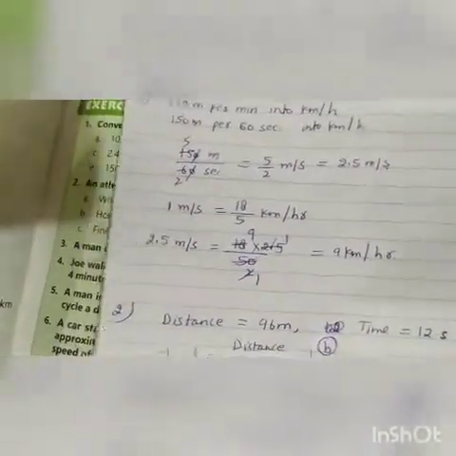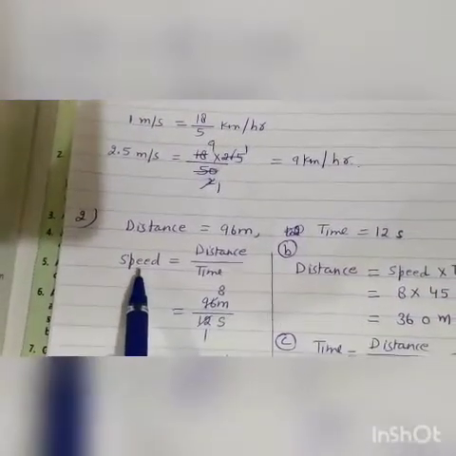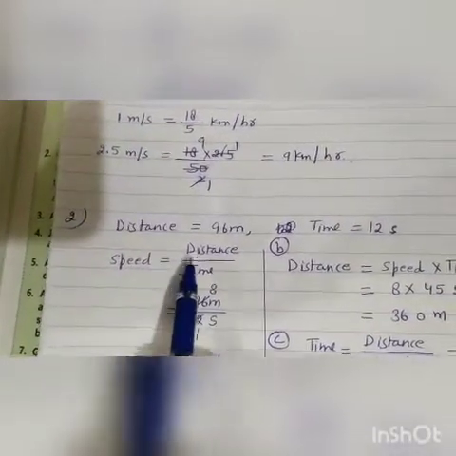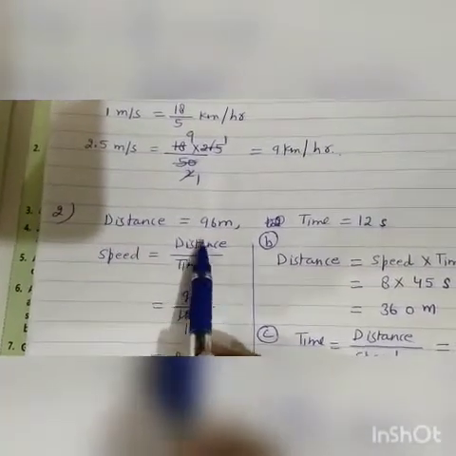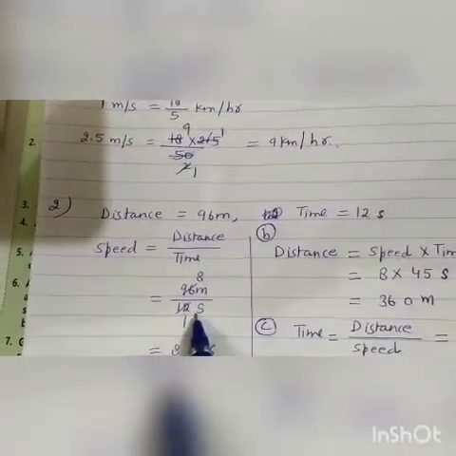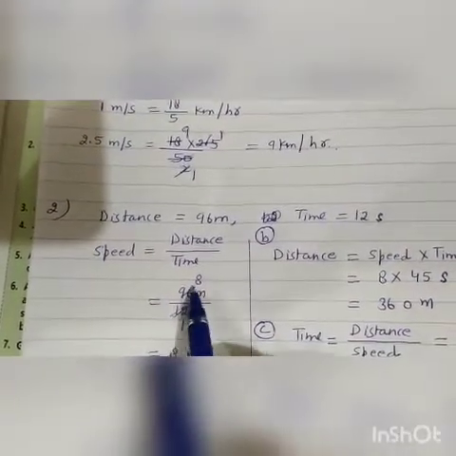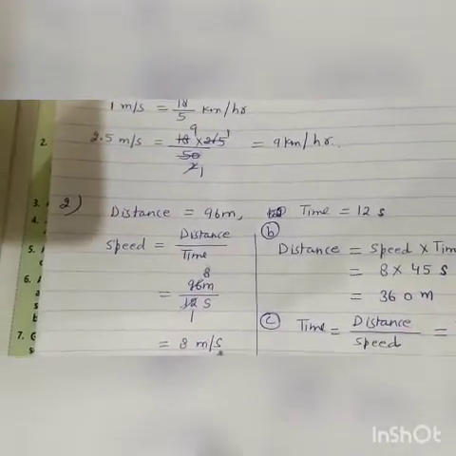Then the first part is what is his speed. So the formula to calculate speed is equal to distance upon time. Distance is 96 meter, time is 12 seconds. 12 1 ja 12, 12 8 ja 96. So it is 8 meter per second.